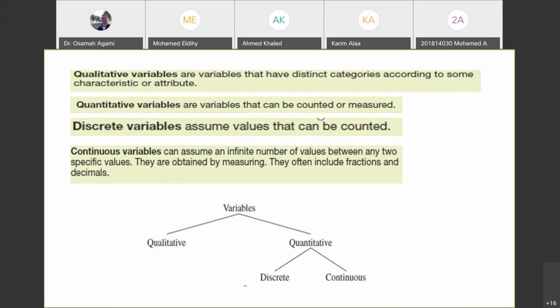But if it is continuous, like the weight of my students, because I have someone who has 65.3 kilos, for example, and maybe I have one with 65.31. So there is no gap between the measurements, right? And we know already we have two types of data, quantitative and qualitative, and two types of variable, discrete and continuous.